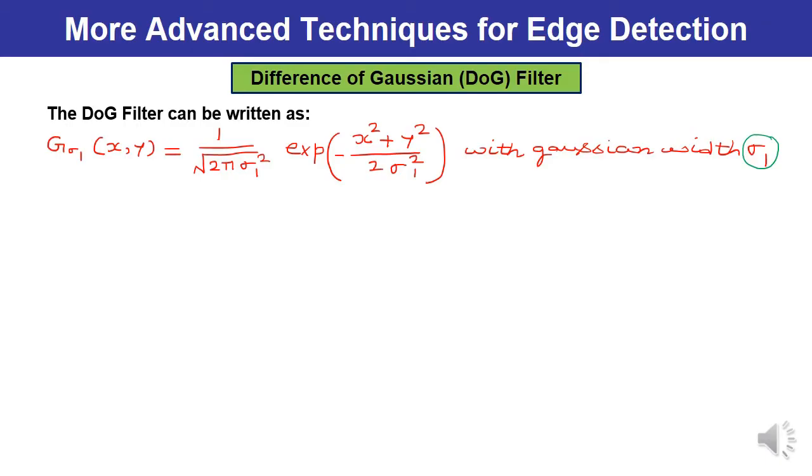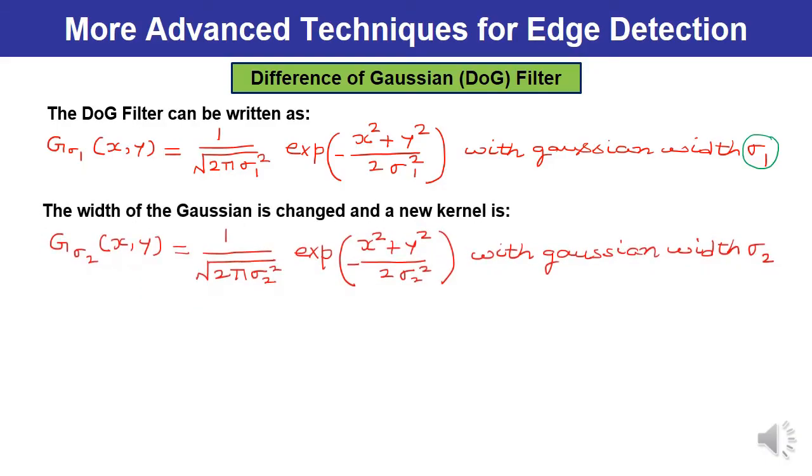So if sigma 1 is taken for the first case, then you can write down the difference of Gaussian, DOG, G sigma 1 x, y. The same term, you know. Now let us take another value, the width of the Gaussian, if it is changed, and now this is sigma 2, so this particular term can be written as G sigma 2 x comma y.